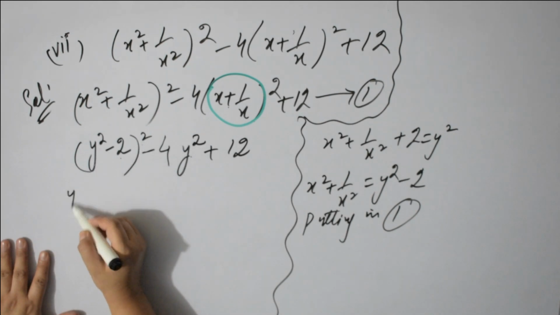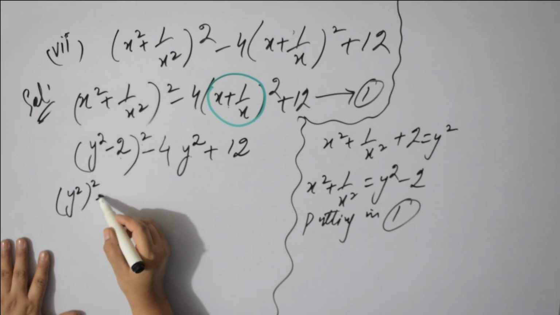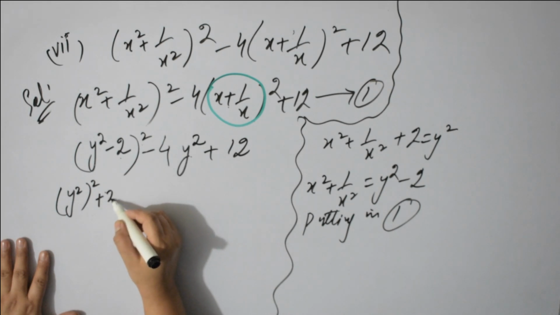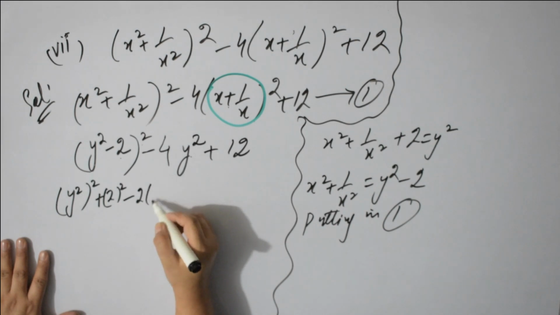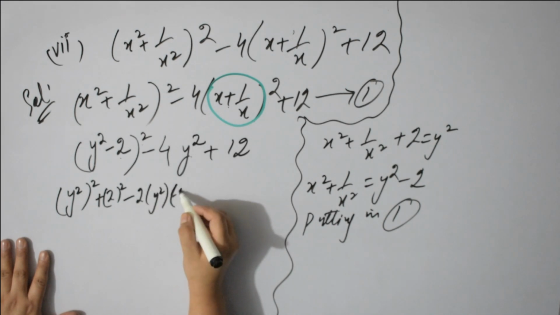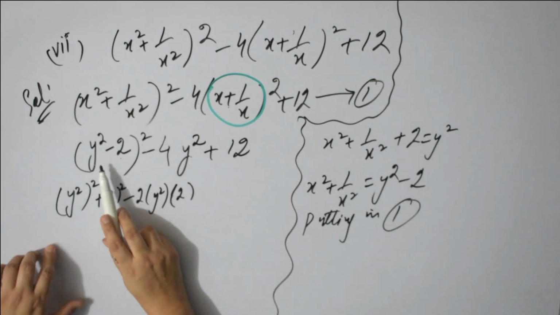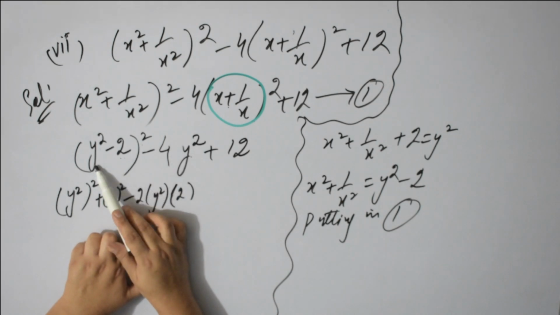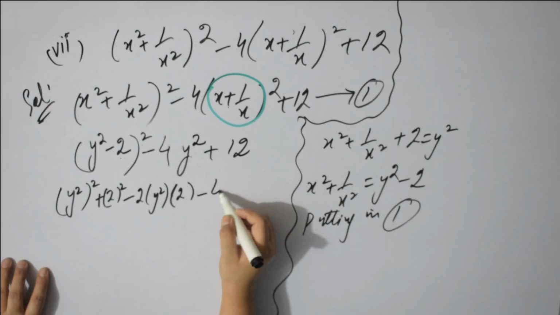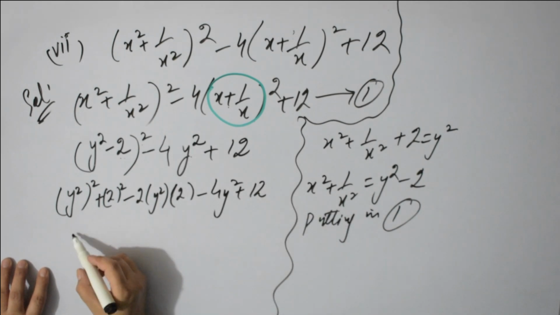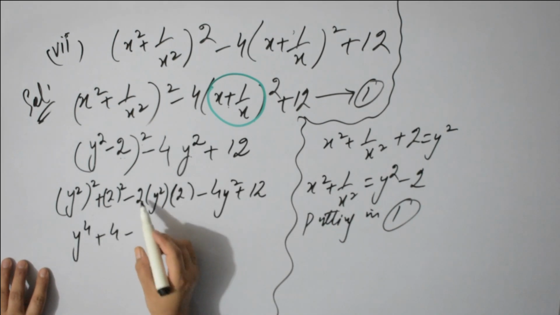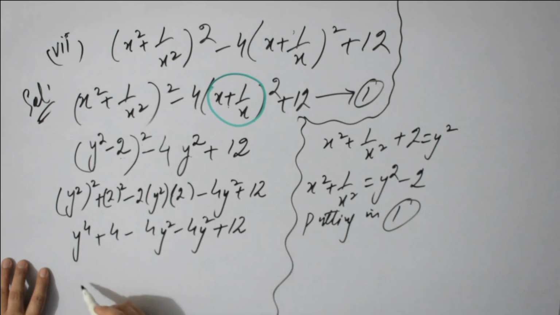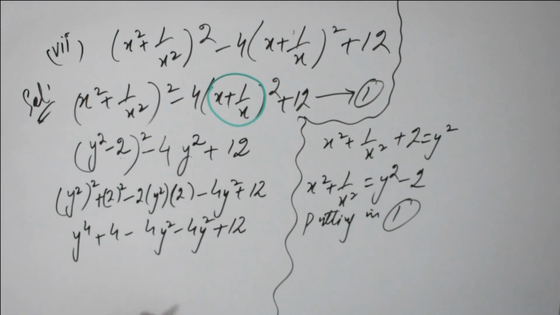This is my a, a whole square plus b whole square minus 2 into a into b, right students. This is a whole square, plus 2 is b whole square, minus 2a is y square into 2. So you must be able to recall the formulas very easily. So 4 plus 4, 2 times 4 y square, minus 4 y square plus 12. So I will go ahead.